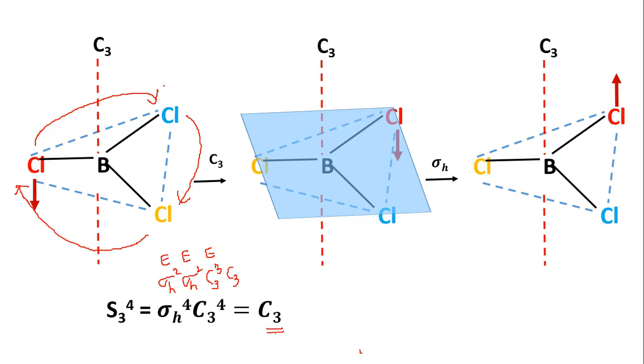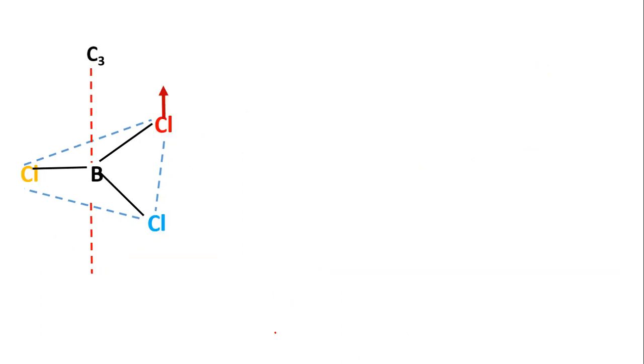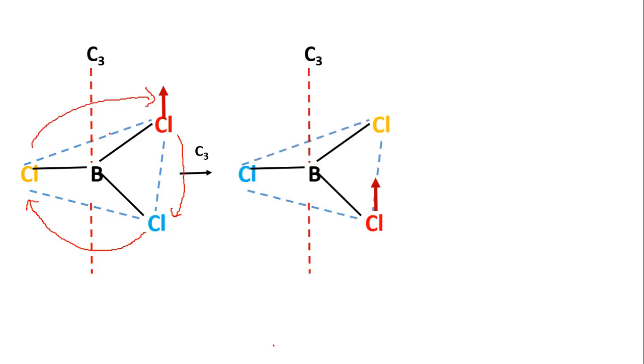Now going to the next screen, if you perform C3 now, what you will get is this brown will be getting shifted here, this blue will be shifted to the place of yellow, yellow will be shifted to the place of brown, and you will get something like this.